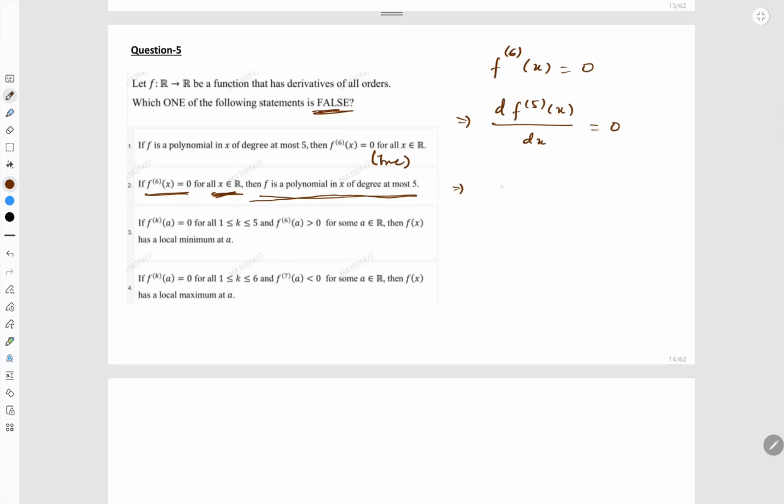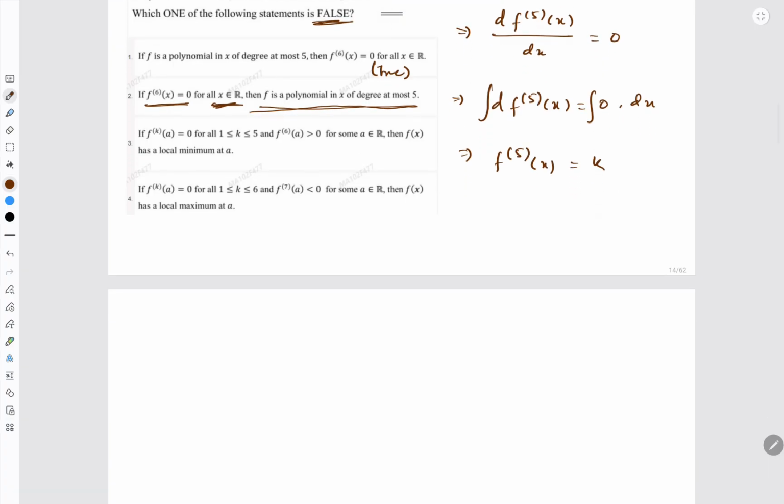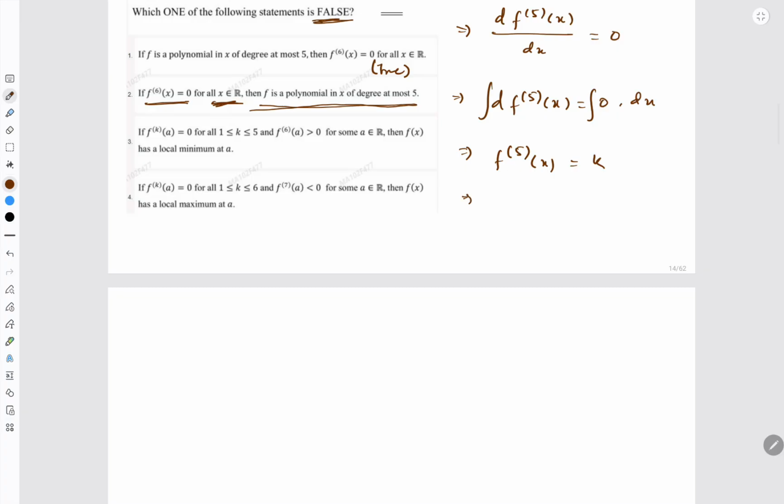If I integrate df5 of x, I can take integration on both sides, it will be f5 of x. This is 0, but a constant term will come in integration, so it is c, right? Now I can write f5 of x as d by dx of f4 of x.